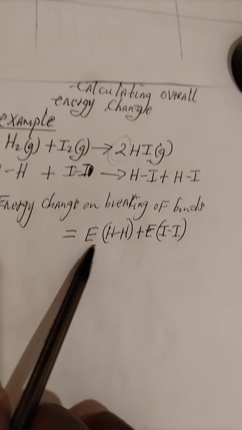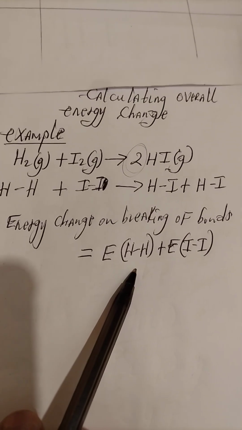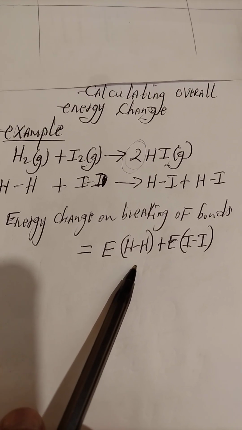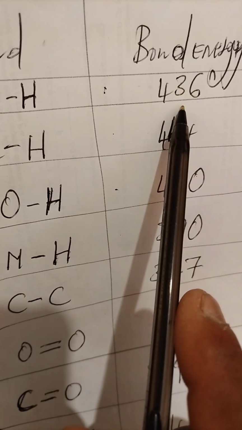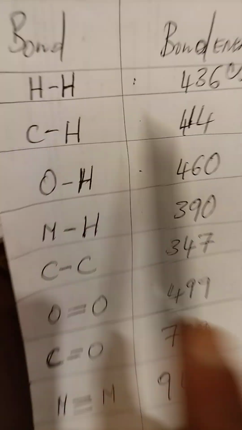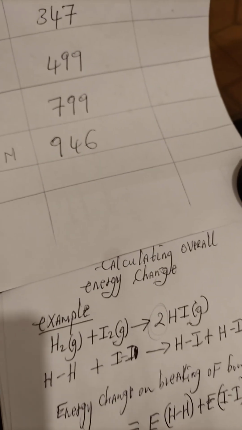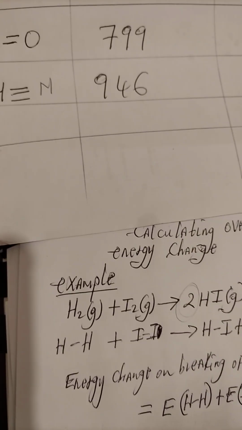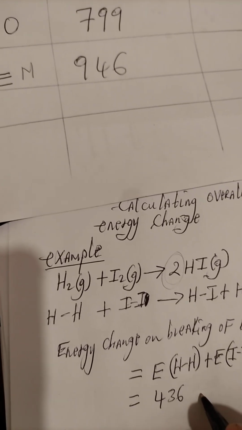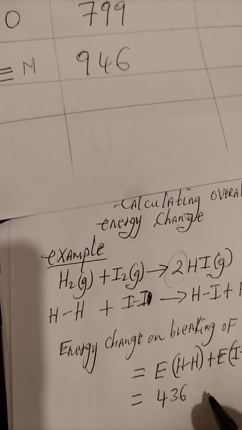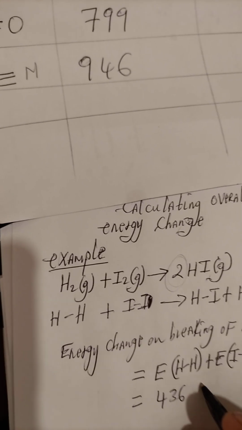Now we go back to the table: hydrogen to hydrogen, we need 436 kilojoule per mole to break this bond. So we substitute: 436 kilojoule per mole, and then we say plus.